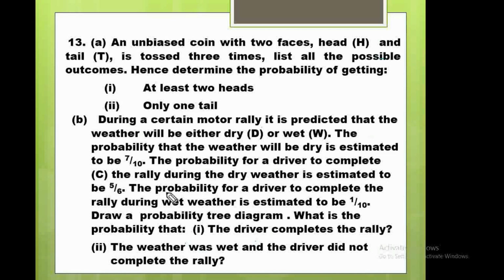The probability for a driver to complete the rally during wet weather is estimated to be 1/10. Draw a probability tree diagram. What is the probability that the driver completes the rally? Roman 2, the weather was wet and the driver did not complete the rally.